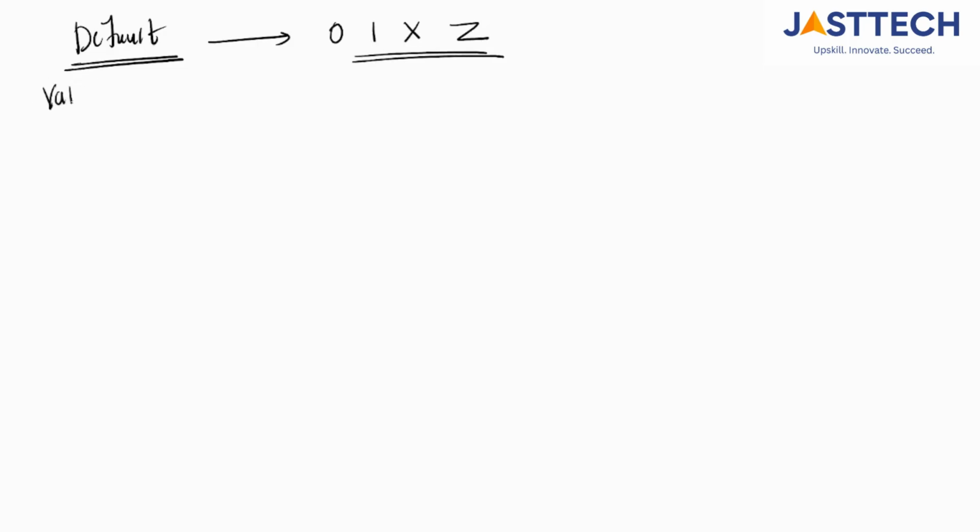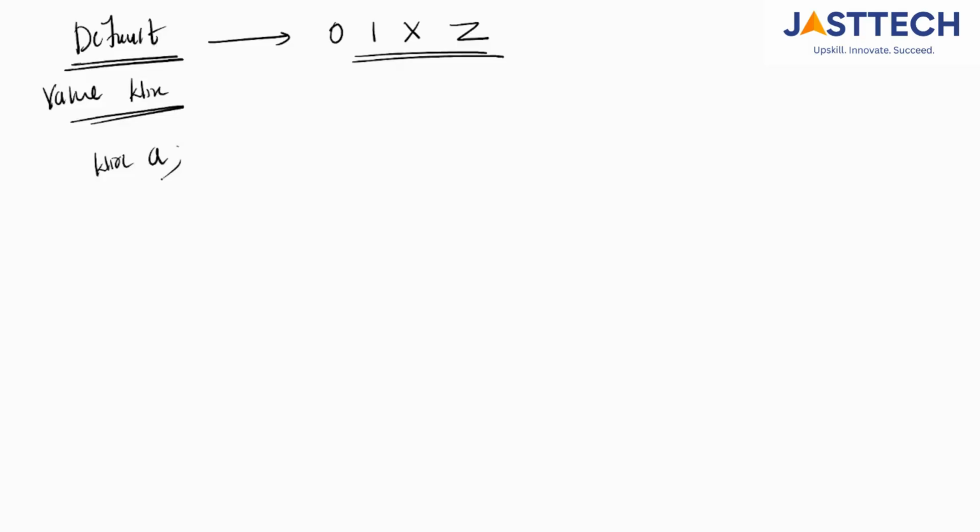If you consider the net or wire data type, I told you about the value set: Verilog supports a four-state value set: 0, 1, x, z. So what is the default value for wire data type? This is one of the interview questions they will ask.